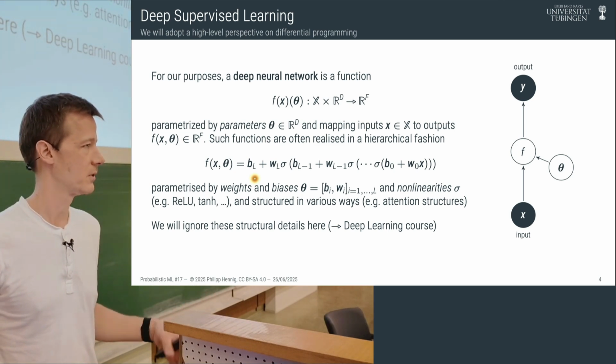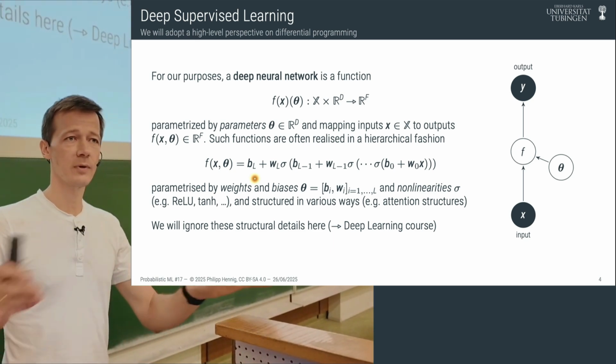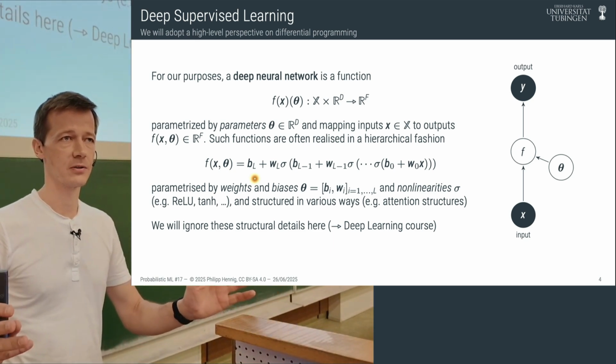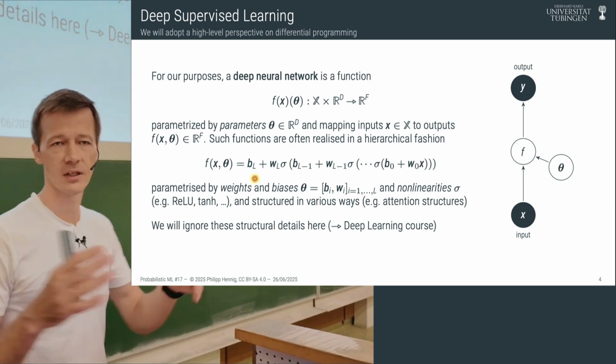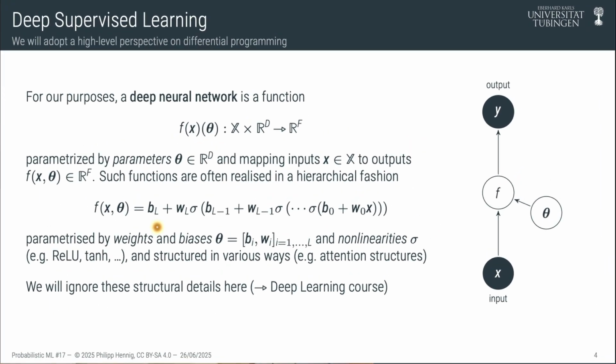You can't do training if you don't have a gradient. Beyond that, I will not assume anything further about the structure of this function. I will not assume it's a convnet or a multi-layer perceptron or a transformer or whatever you like. If you want to hear a course about the structure of these models, you need to go to the deep learning class by Andreas Geiger or someone else.